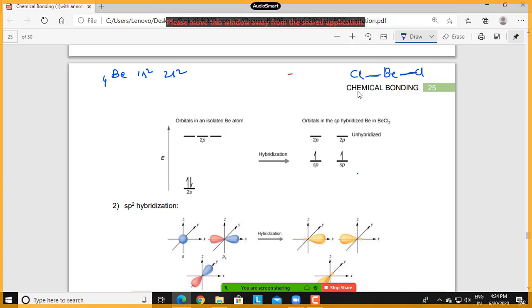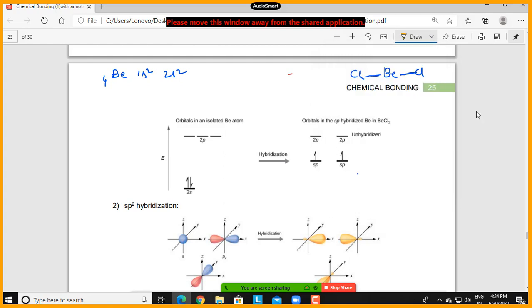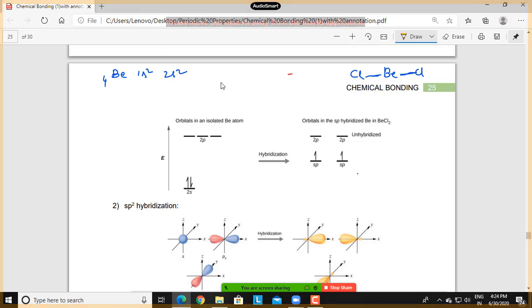So beryllium has 2 electrons in the valency shell, 2s2, and in the valency shell it is ineligible to form a bond. Suppose it has to form bonds with chlorine atoms, then beryllium has to have 2 unpaired electrons. How can beryllium do that?